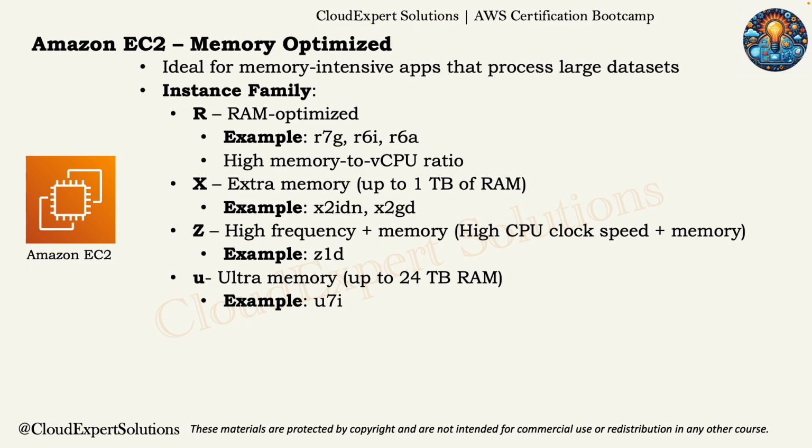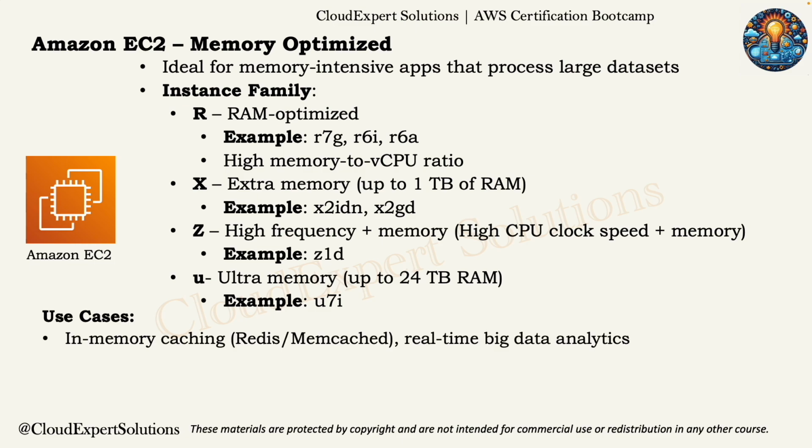Example could be U7I. In terms of use cases, memory optimized instances are best for in-memory caching like Redis, Memcached, and real-time big data analysis. For these requirements, you can use R series. If you are looking for large in-memory databases like SAP or real-time analytics, then you need RAM of bigger size or extra high RAM. You can use X series.